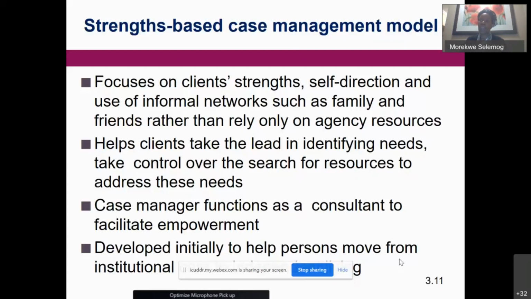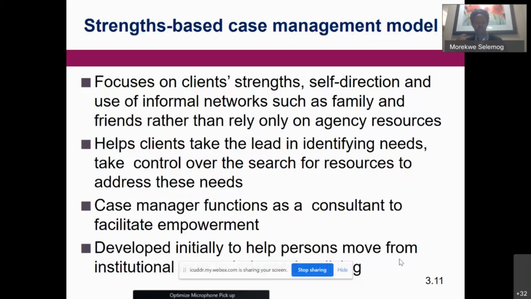So they search for the information or the resources themselves. The case manager functions as a consultant to facilitate empowerment. In doing that, you build more self-confidence for your client when you are using strengths-based, because they are the ones doing it for themselves as compared to the case manager.